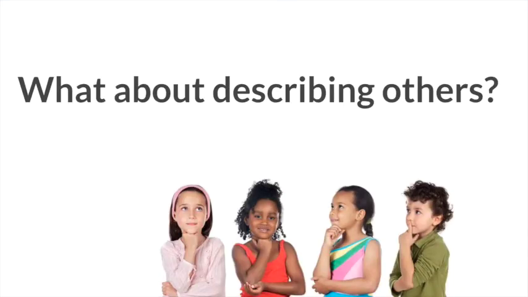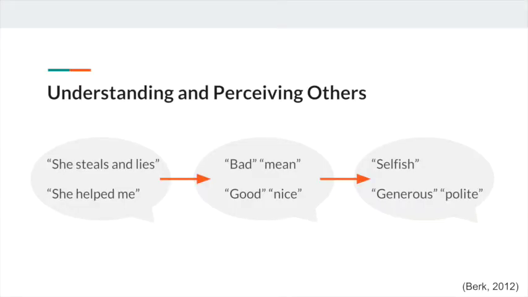But what about how he understands, perceives, and describes others? How children perceive people and assign their traits to categories are similar to how children develop a concept of themselves. Older preschoolers first begin to describe personality traits by noticing and mentioning the consistent actions or behaviors of their peers.